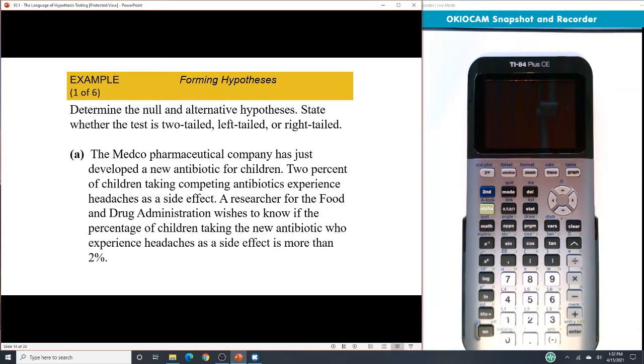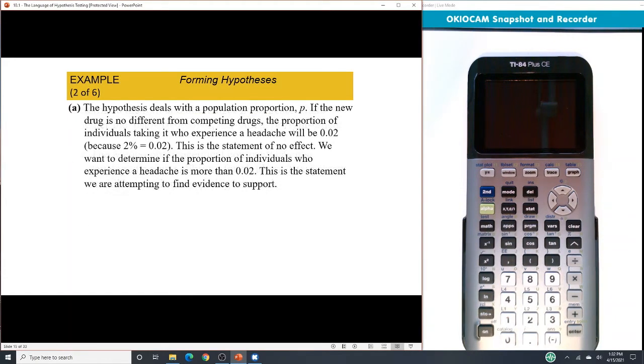All right, so we have this pharmaceutical company, and 2% of the children taking the antibiotics experience side effects. The Food and Drug Administration thinks that it could be more than 2%. Okay, so the baseline is 2%, but we're thinking it's going to be more than 2%.